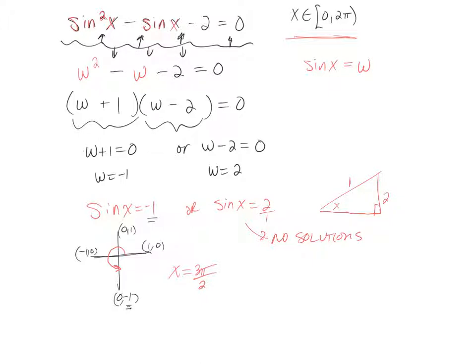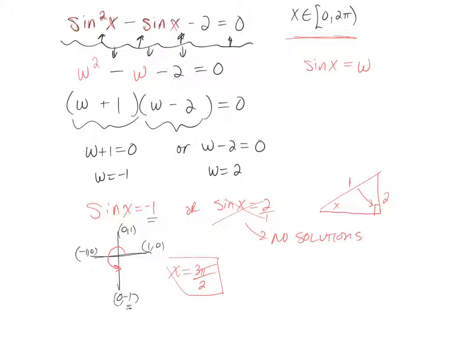And you should know full well that the hypotenuse has to be the longest side in a triangle because it's across from the biggest angle. So we can think of it as an extraneous factor that doesn't give us any solutions to this problem. And our only solution for this whole equation is x equals 3 pi over 2.